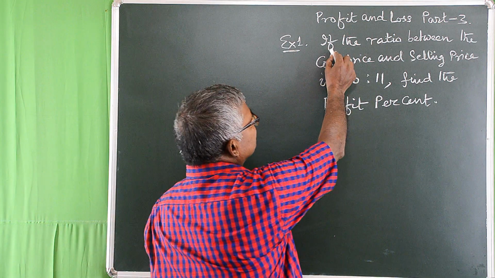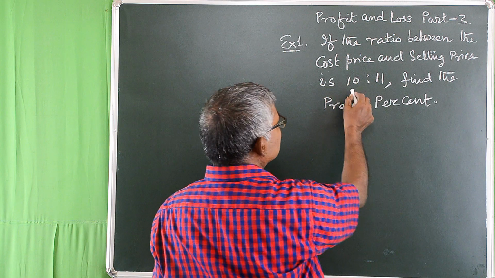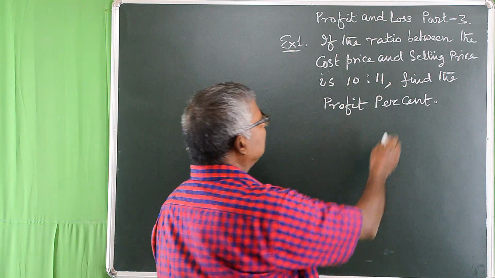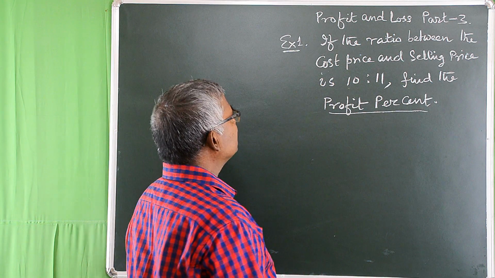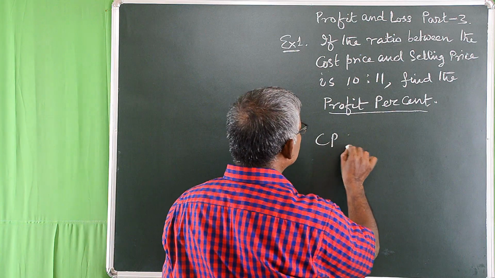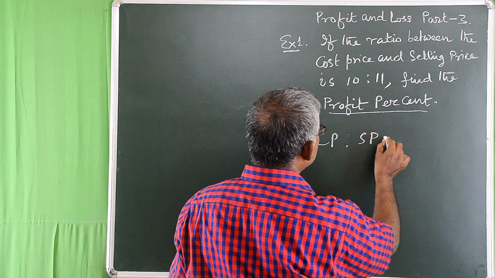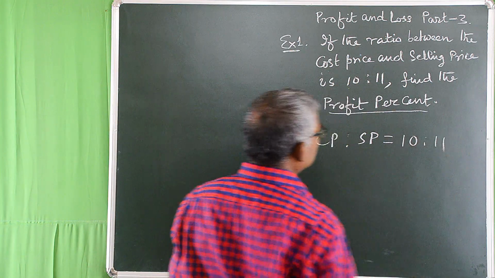If the ratio between the cost price and the selling price is 10:11, find the profit percent. Students, here given that CP is to SP equal to 10:11.